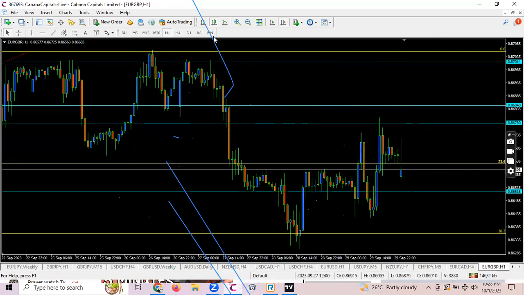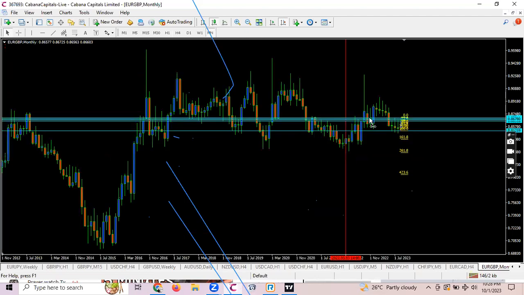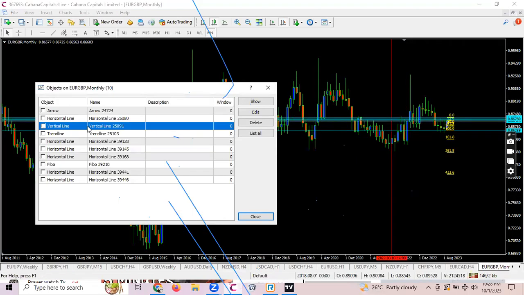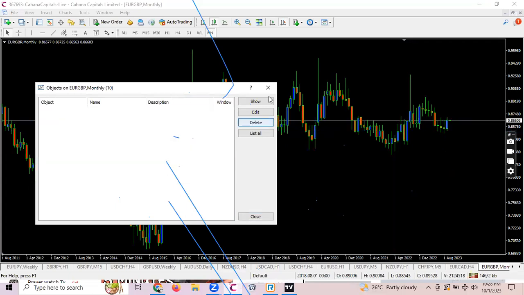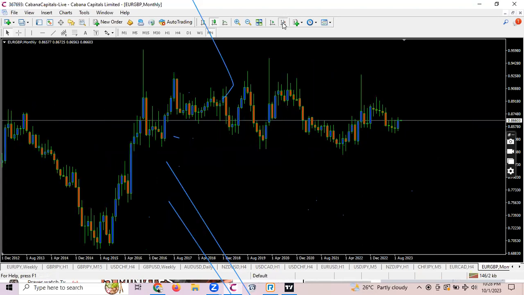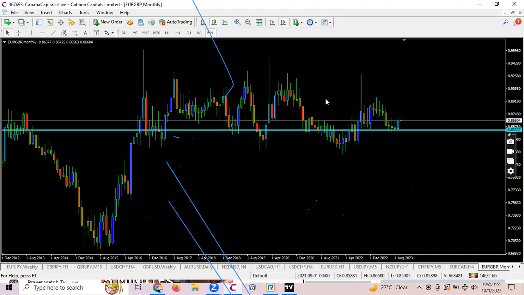Okay, so let's see what we have on the monthly. From what we have on the monthly, this is a fully set up. But let's go down to daily.